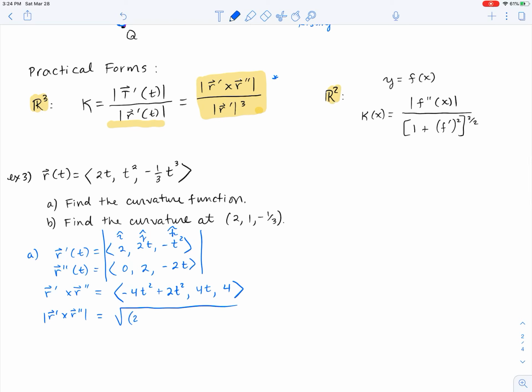You know what? I just realized, this very first component here, they're like terms, so this is negative 2t squared. Let me try this one more time. We've got 4t to the 4th plus 16t squared plus 16.